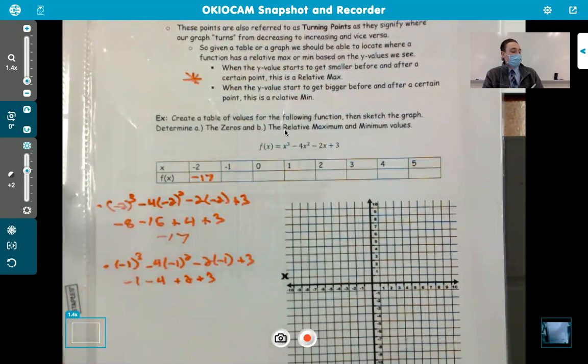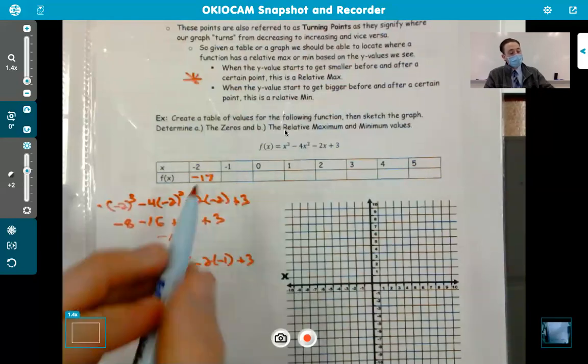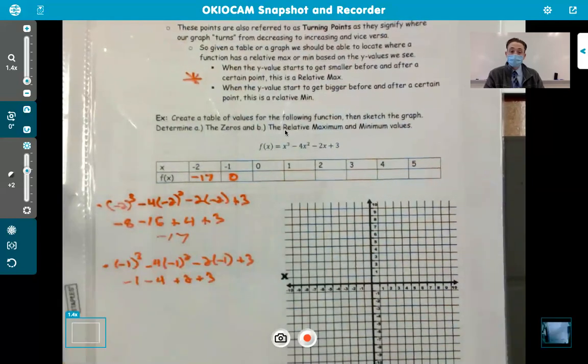What is my Y value when I plug in -1 into that original equation? Zero. I have -5 plus 5 gives me 0. Good.